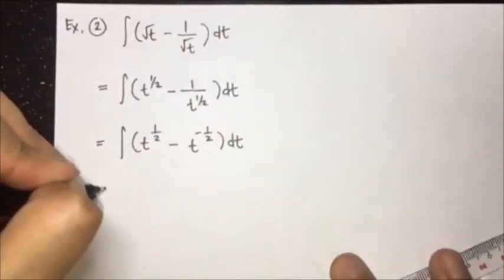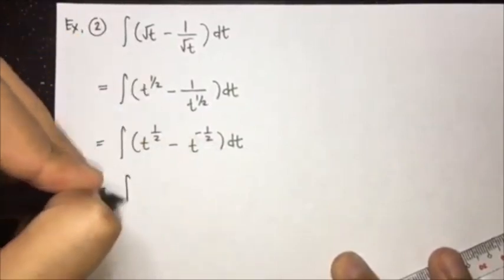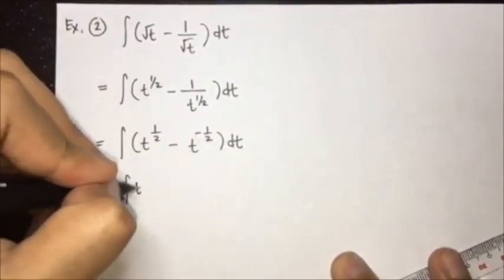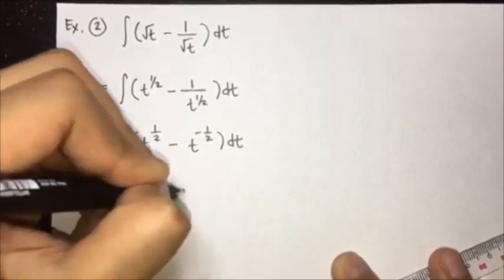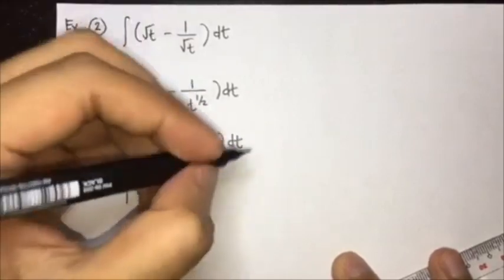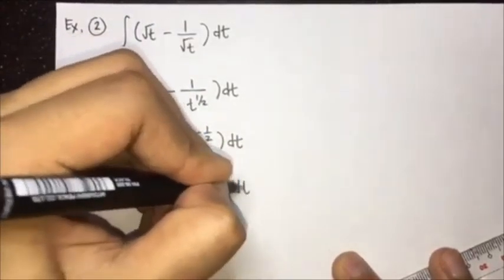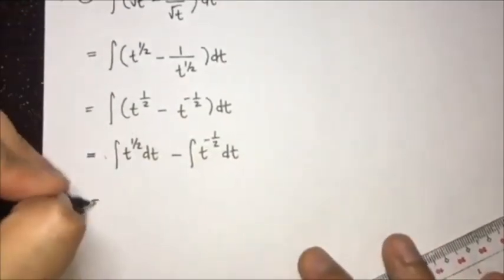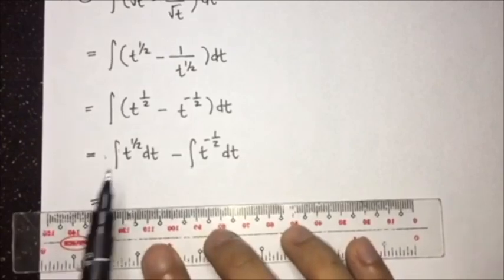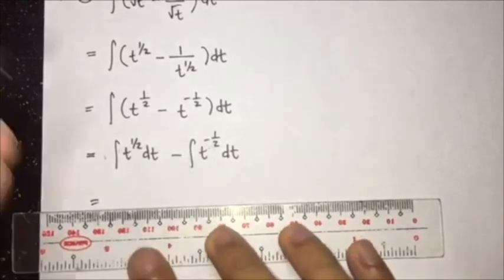Okay, so with that, we can now apply the power formula. But first, distributing the integral sign. So integral of t raised to 1/2 dt minus integral of t raised to the negative 1/2 dt. Now we can apply the power formula, where n in the first term is 1/2, n in the second term is negative 1/2.